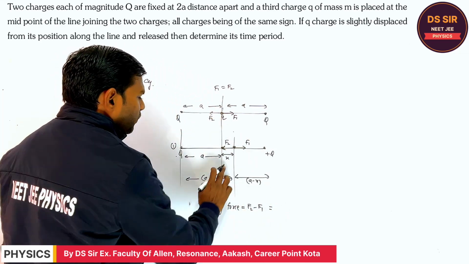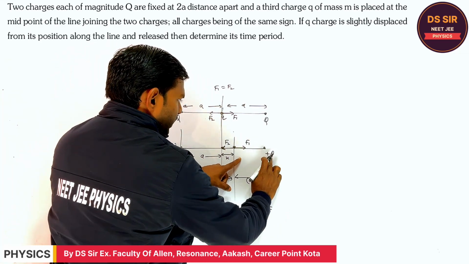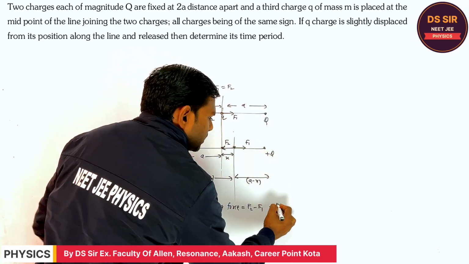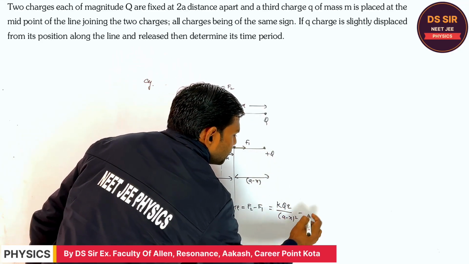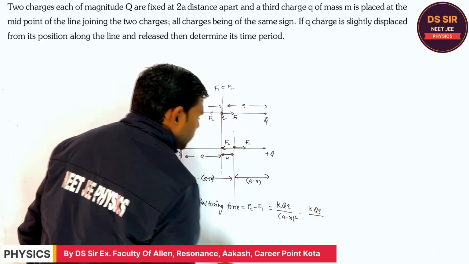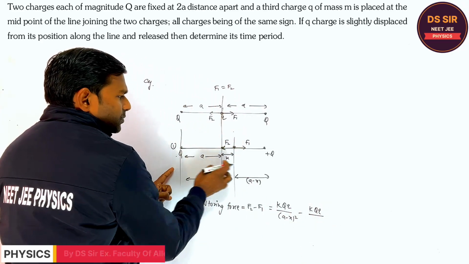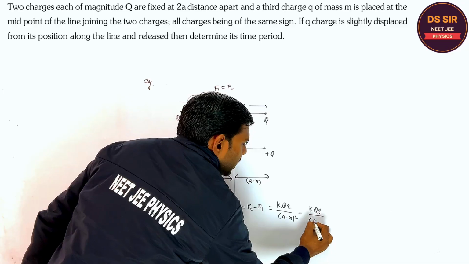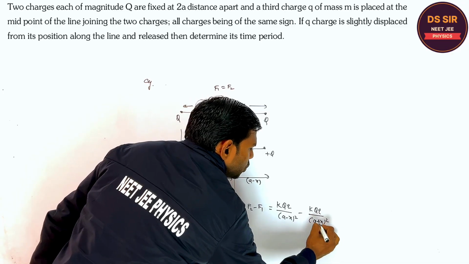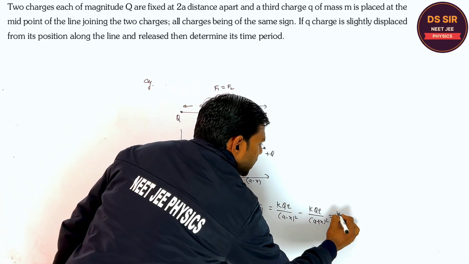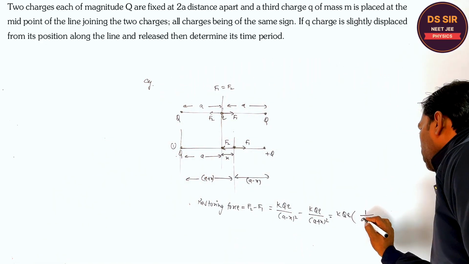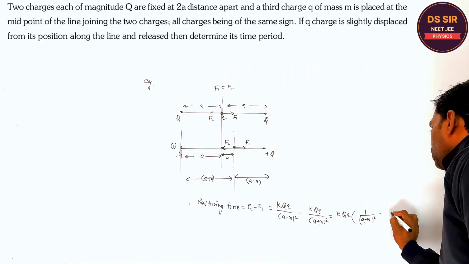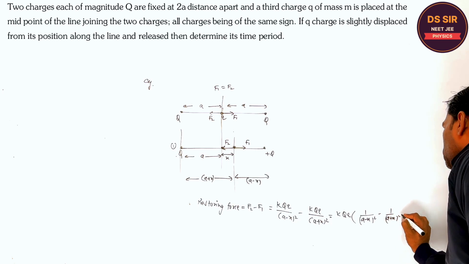So what is the value of F2? The F2 value is k q upon a minus x whole square, k q. What is the F1? Yes, a plus x whole square. You may simplify this. k q, if you take common, then what will you get? 1 upon a minus x whole square minus 1 upon a plus x whole square.